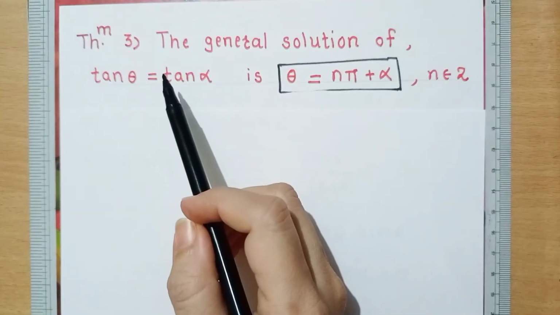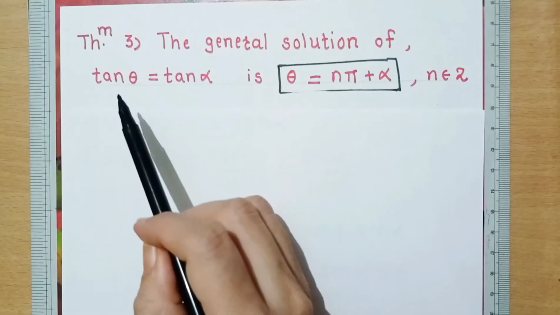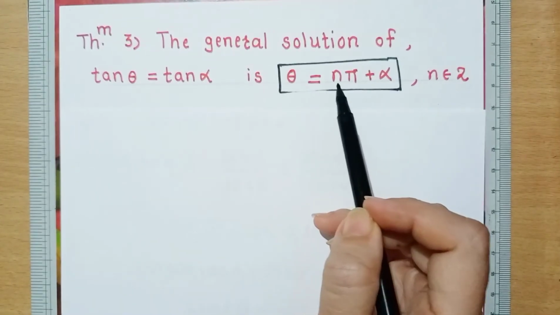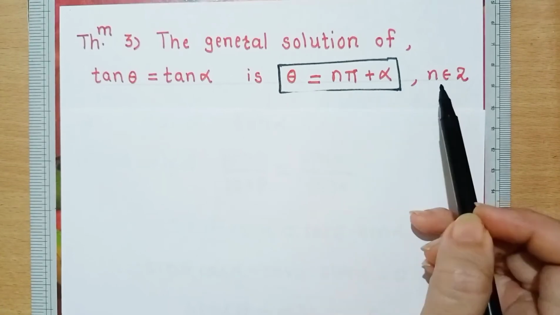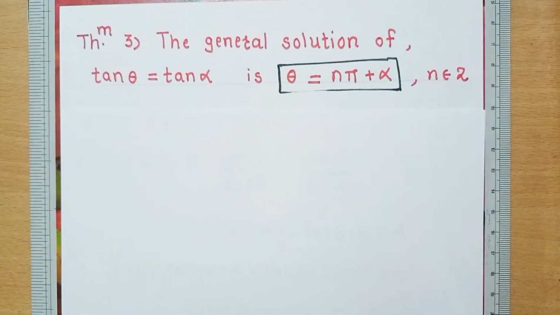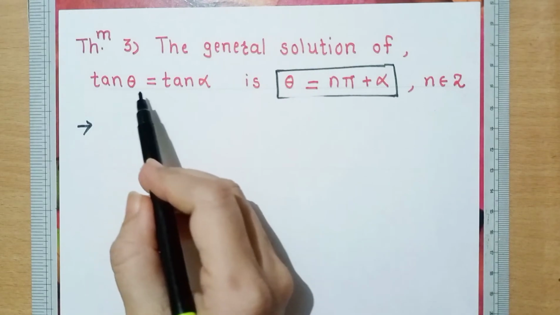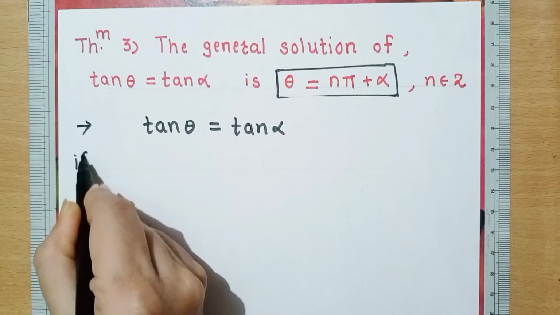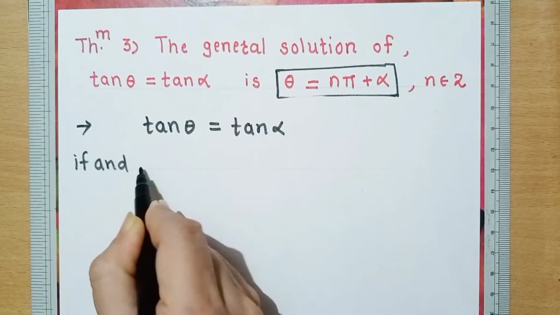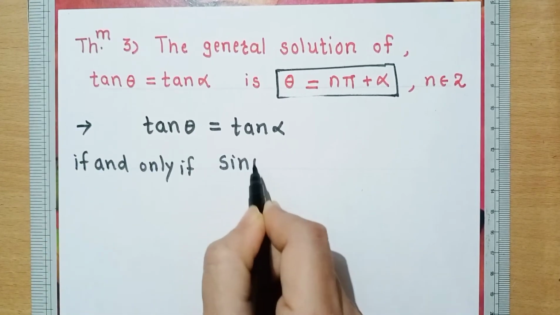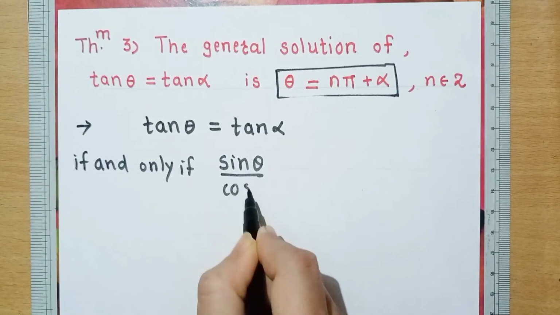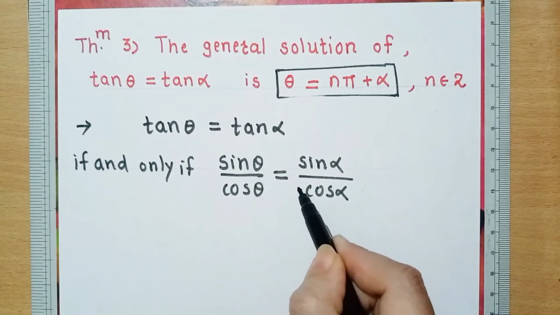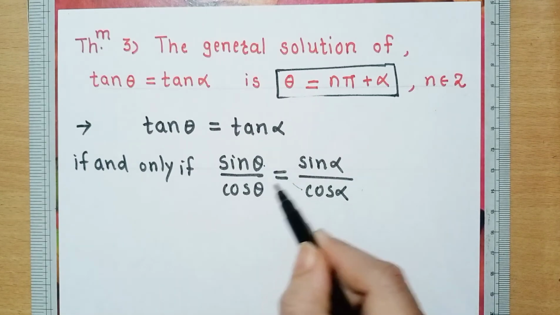Let's prove the third theorem. The general solution of tan theta equal to tan alpha is theta is equal to n pi plus alpha, where n belongs to Z. We will write tan theta equal to tan alpha here, and this is possible if and only if tan theta, meaning sin theta upon cos theta, is equal to, again by cross multiplication, we multiply this here and this here.